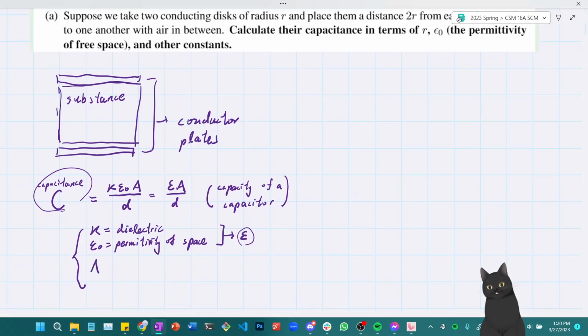A in the equation means the overlapping area of the conducting plates. Notice that it has to be an overlapping area. And last but not least, D stands for the distance between the plates. Having two plates being parallel means that the distance between the plates is equal throughout the entire plate area.